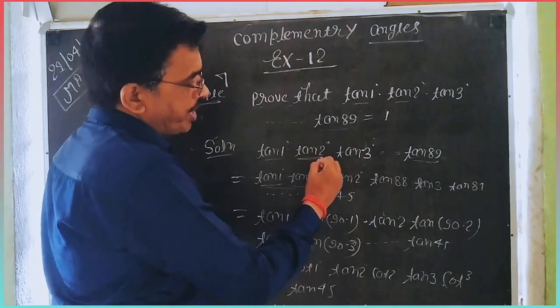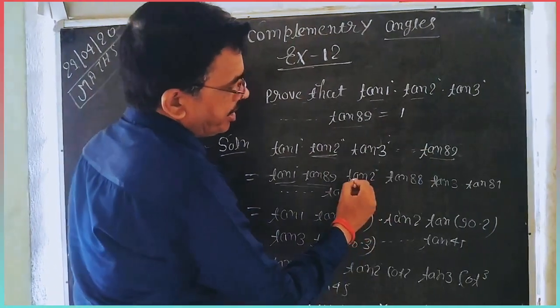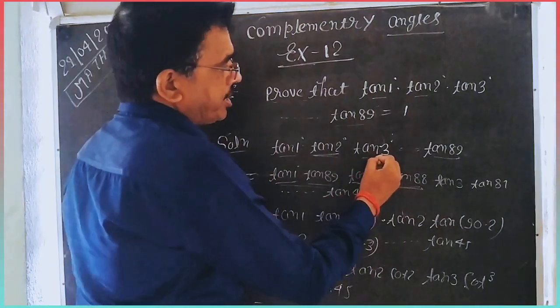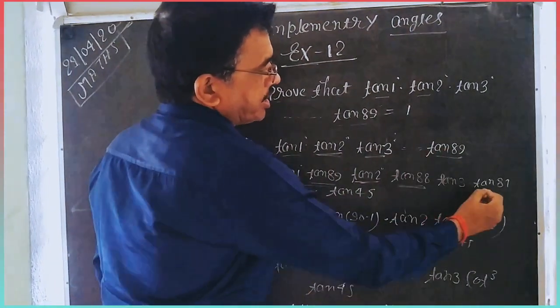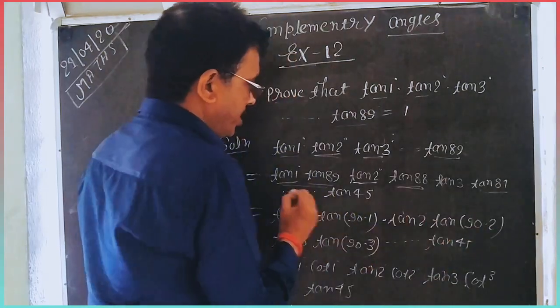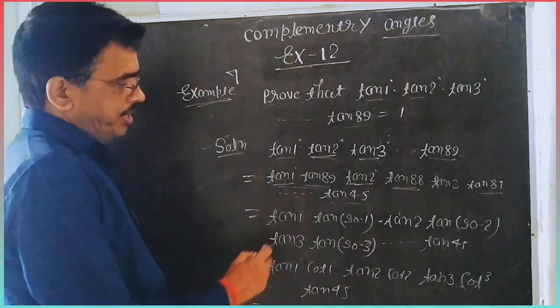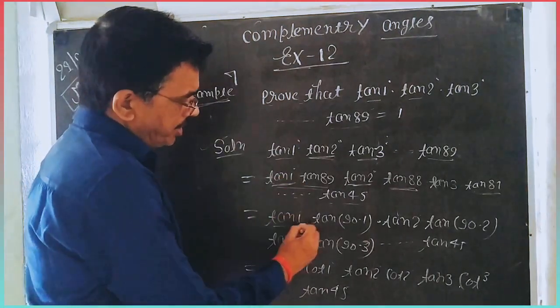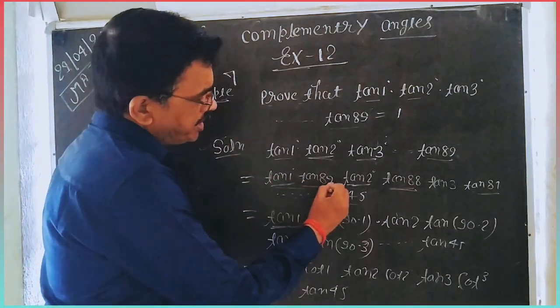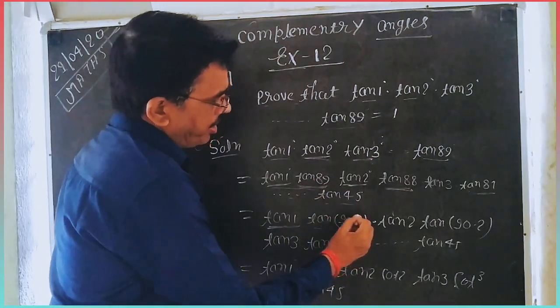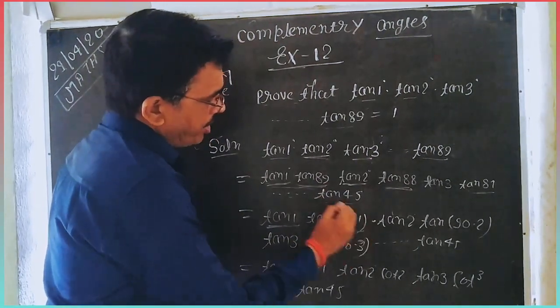Similarly, tan 2 degree and tan 88 degree, and tan 3 degree and tan 87 degree, and so on. In the middle is 45 degree, so I write here tan 45 degree. Now here is tan 1, so I write tan 1, but this tan 89 we can write as tan 90 minus 1, because 90 minus 1 gives 89.